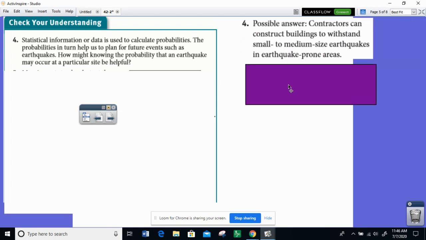Well, if we know that we're more likely to experience an earthquake in California than Texas, let's say, then a contractor building a building in California would be more likely to include safeguards against earthquakes than they would in Texas, let's say, or a place where you're not as likely to come up against an earthquake.